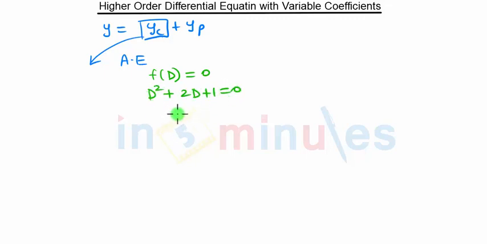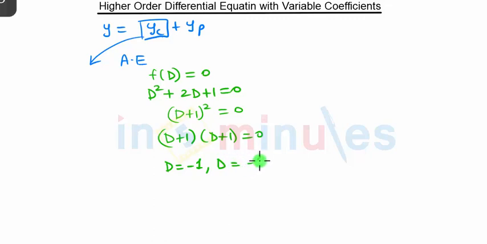This part is nothing but (D plus 1) the whole square equal to 0. So we can write it as (D plus 1) into (D plus 1) equal to 0. So the roots are D equal to minus 1 and D equal to minus 1. These roots are real and repeating twice.